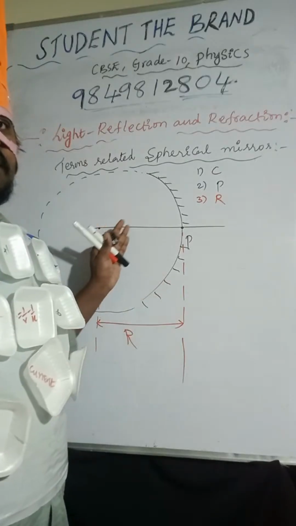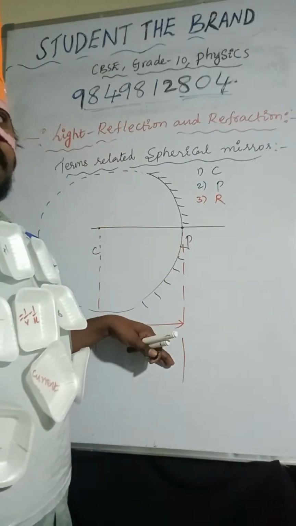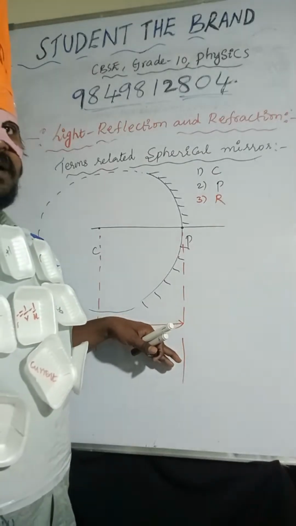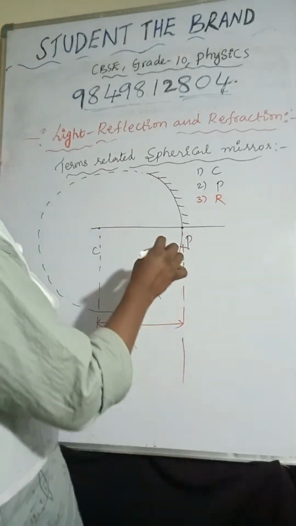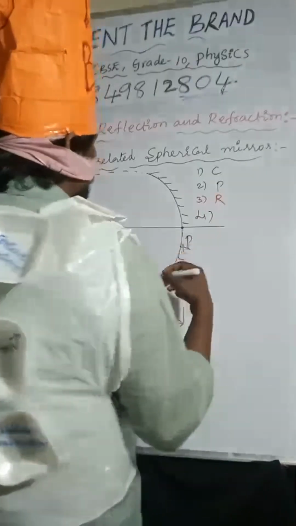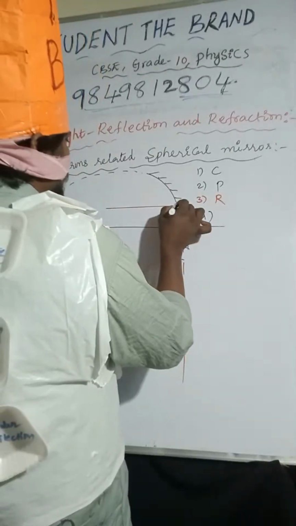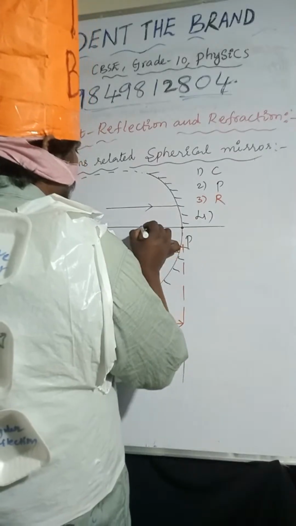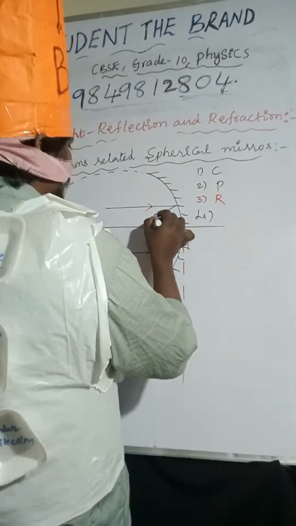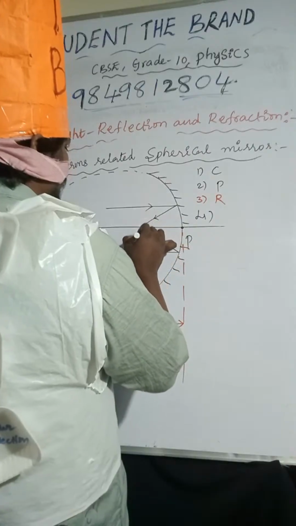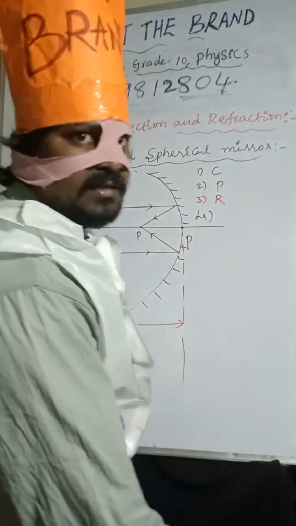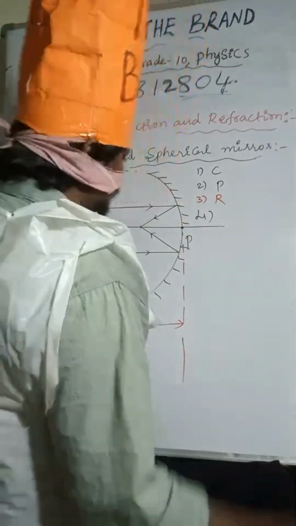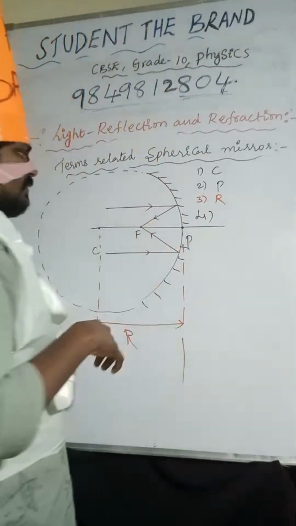And the fourth one: after reflection, all light rays will meet at one point on the principal axis. That is called the focus.